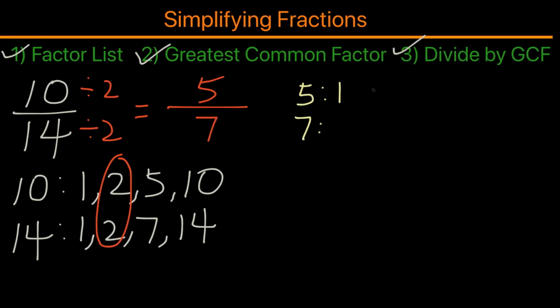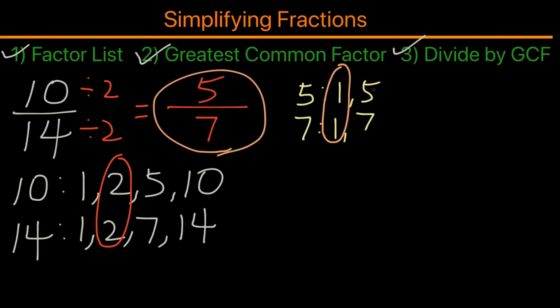You can see 1 times 5 is 5. 2, 3, and 4 don't work, then we have 5. For 7, we have 1 times 7, and then 2, 3, 4, 5, and 6 don't work, then we have 7. So in this case, the greatest common factor was 1, and that's how you know this is the final answer.